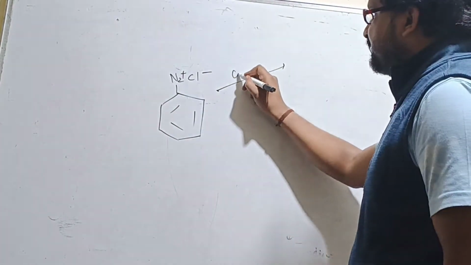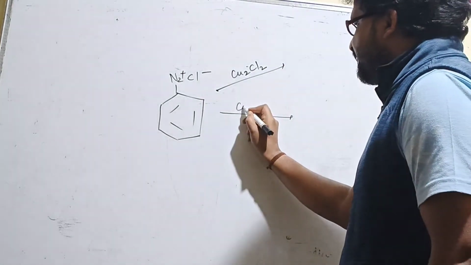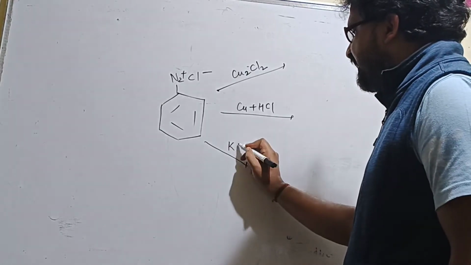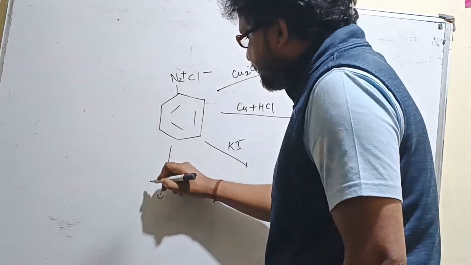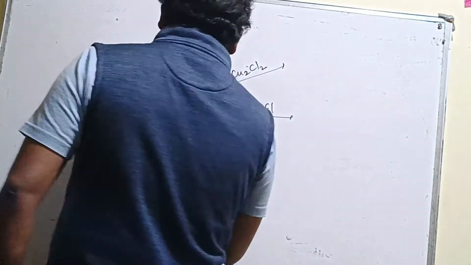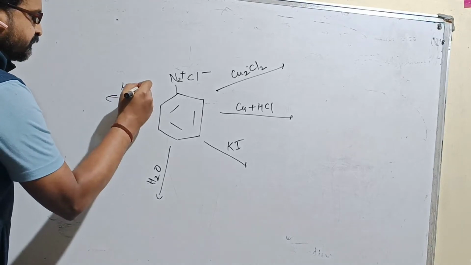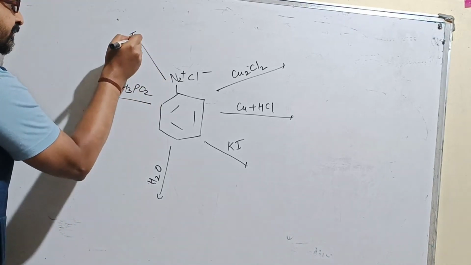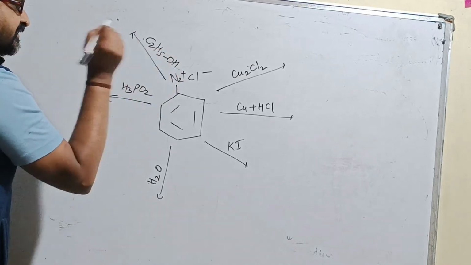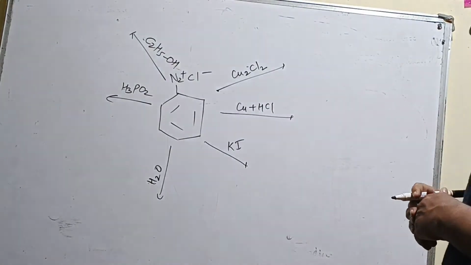What will you get? With Cu2Cl2 and HCl, with KI, with H2O, with H3PO2, and with C2H5OH. Some name reactions are very important.